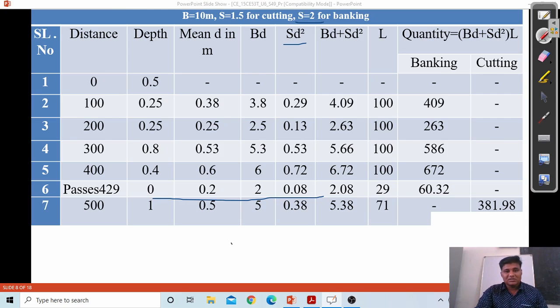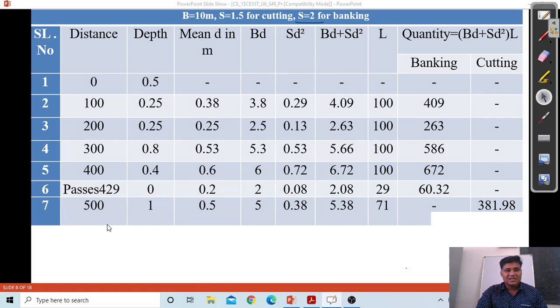Here also the slope is 2 for banking, and the mean depth is 0.2, square, so 0.2 square into 2 will give me 0.08, the SD square value.